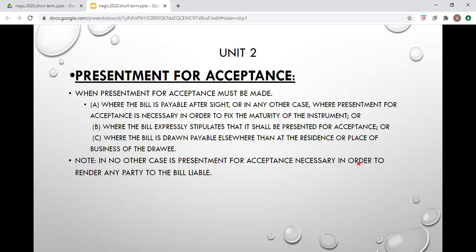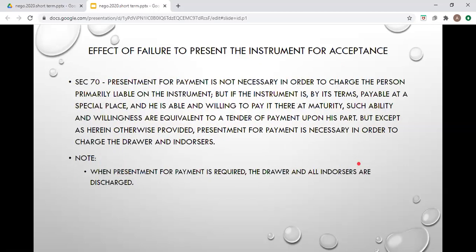Bakit? Kasi yung lugar kung saan nakatira si drawee ay ibang lugar doon sa sinasabi kung saan siya babayaran. Okay? Then it's required to be presented for acceptance.